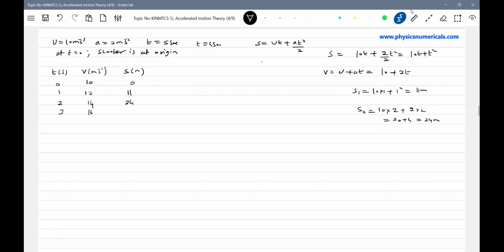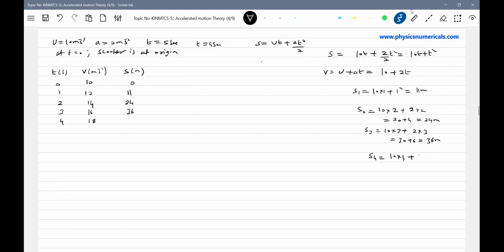At 3, it will be 16, 36 meter. At 4, it will be u plus at, 18.